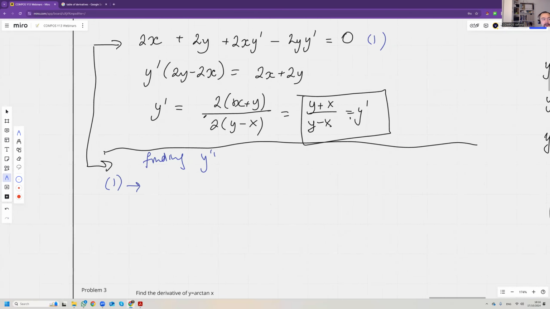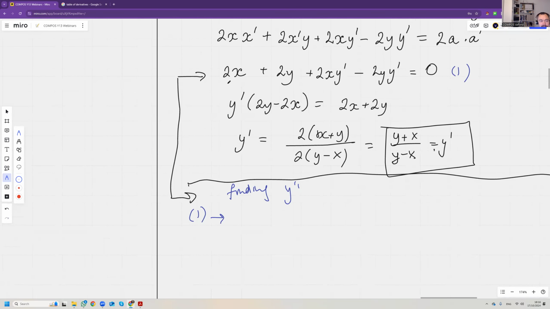Right, so I take the first equation, or not the first, but over this line, and I differentiate it again. So it's going to be 2 multiplied by x prime, technically, plus 2 y prime plus. Now we use the product rule here.